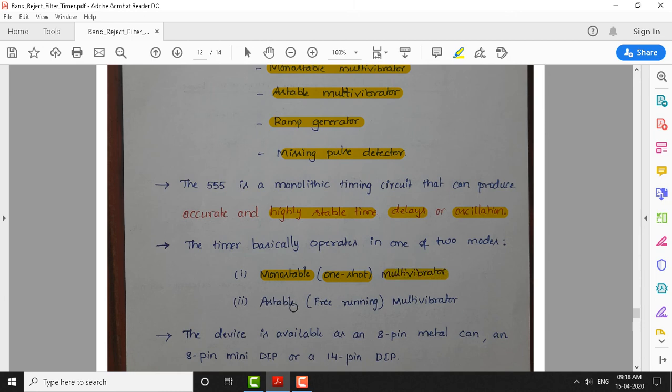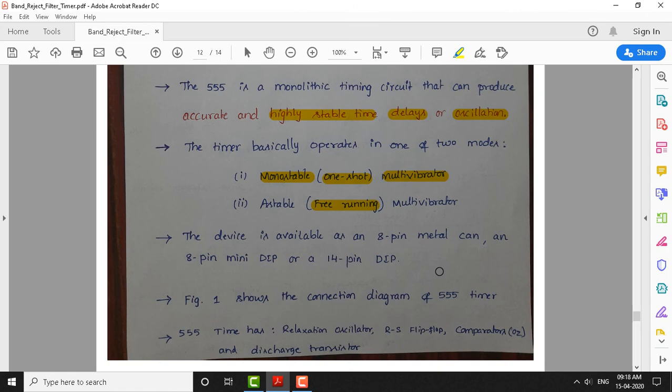The astable multivibrator is called free running, since an external pulse is not required to change its state. So it's a free running kind of multivibrator. In the one-shot, an external pulse is required to change from one state to another. Without applying an external pulse, the state will not change in the case of one-shot. It remains in one stable state.